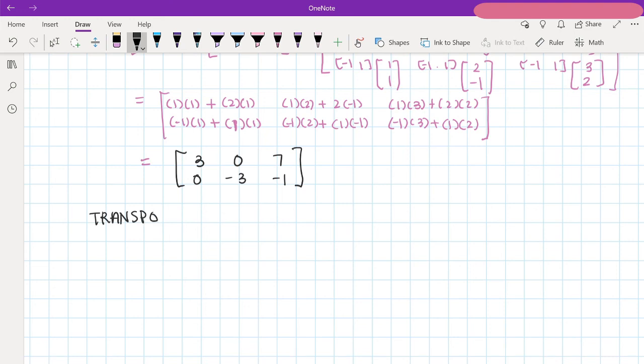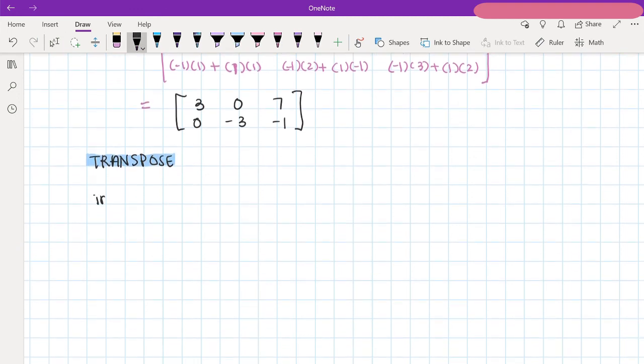And now the final topic that we're going to cover today is the transpose. This has a bunch of different uses that you'll see throughout your linear algebra course. It has different types of properties and different uses in matrix algebra. So if A is an m by n matrix, the transpose of A, denoted A superscript T, is obtained by writing rows of A as columns of A transpose.